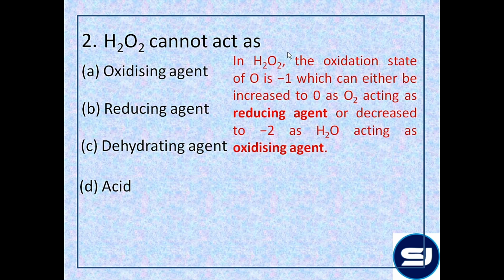So in peroxide, the oxidation state of O is -1, which can either be increased to 0 as oxygen O₂ acting as reducing agent or decreased to -2 as water acting as oxidizing agent.